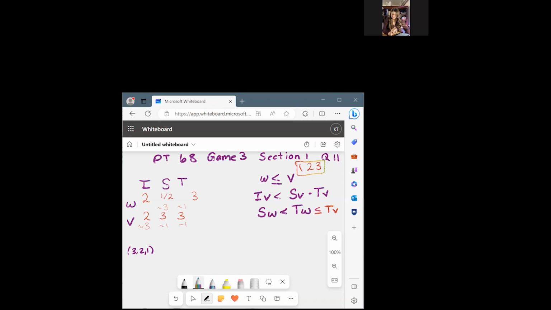Does that make sense? But if TW is 2, then SW has to be 1. That's the scenario that you were looking at, right? Yes, TW can be 2 and SW can be 1, but it's not necessary. They don't have to be.